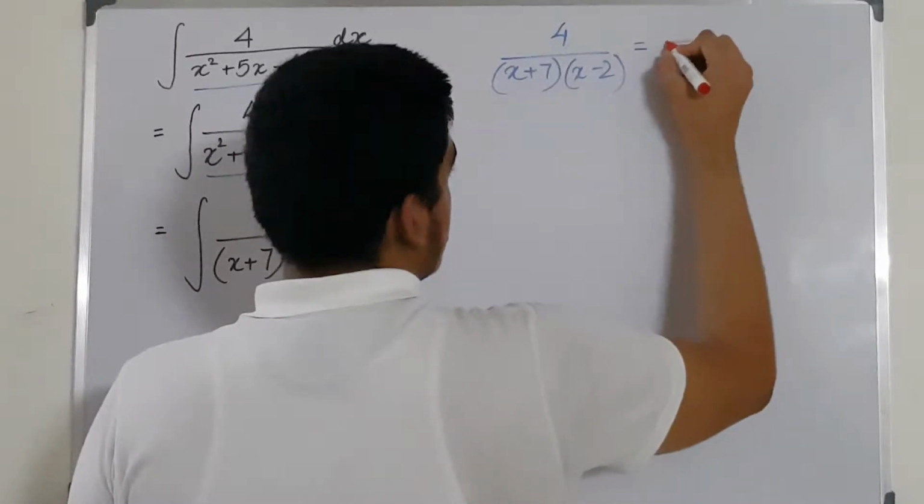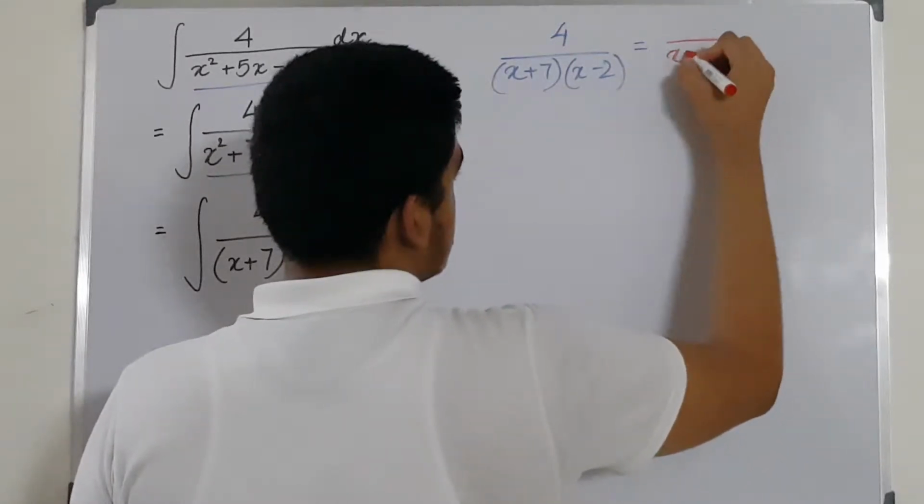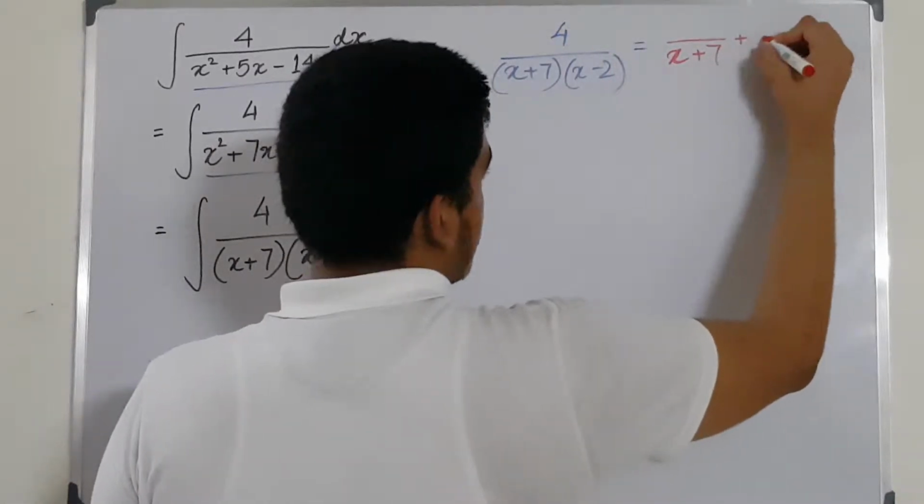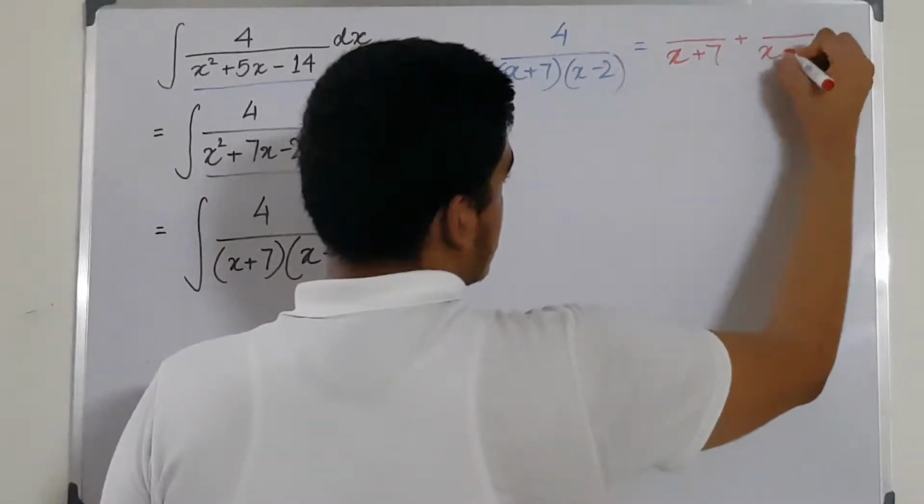So the first expression has x plus 7 as the denominator, and the second expression has x minus 2 as the denominator.